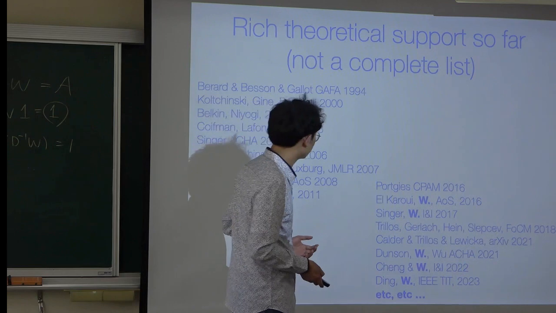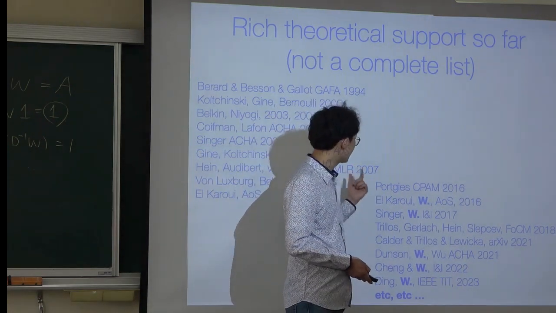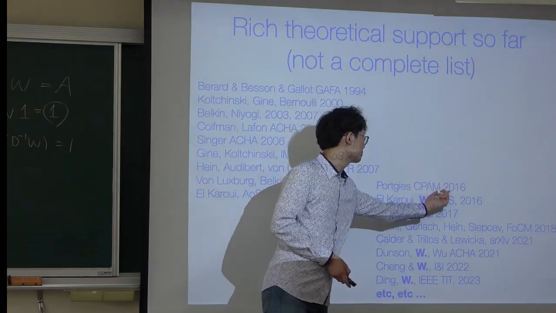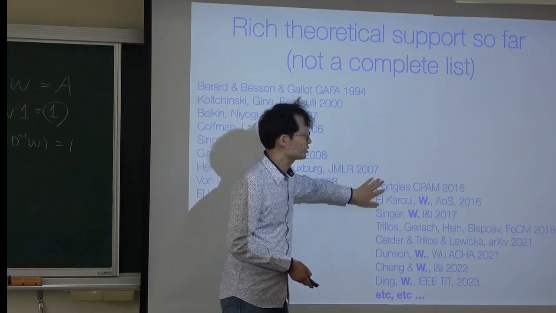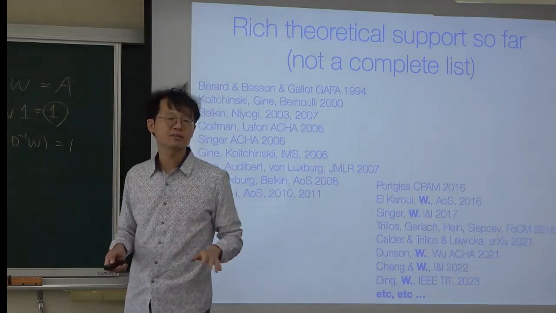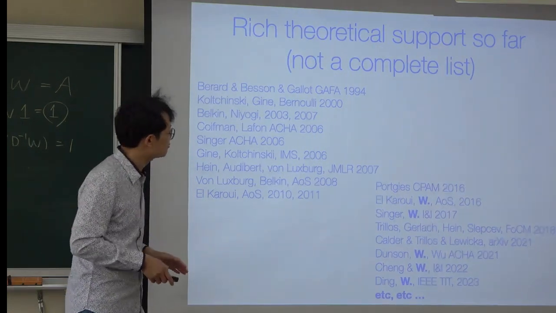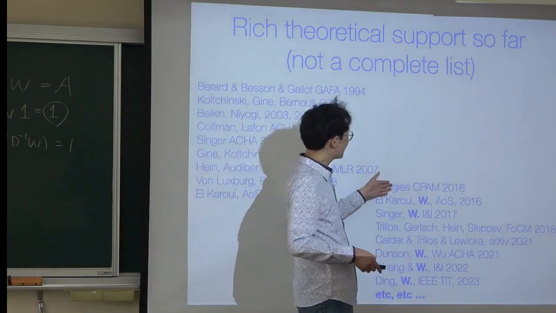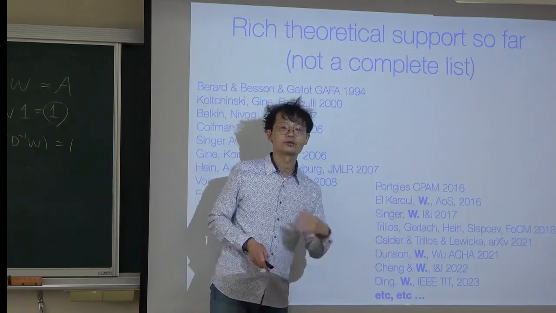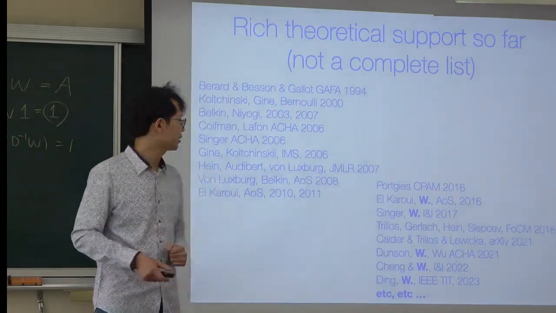results. Another main paper is this CPAM paper in 2016, which shows that you don't need to use all eigenfunctions and eigenvalues. You can use finitely many eigenfunctions and eigenvalues to achieve an almost isometric embedding.